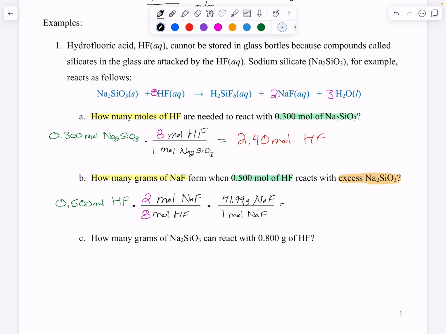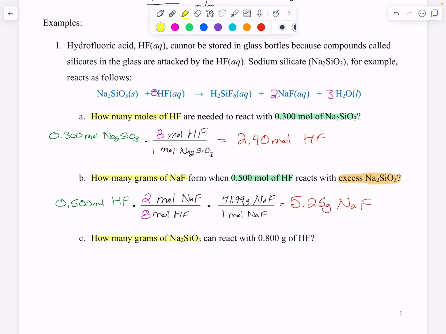If I do this math, I think I get 5.25 grams of sodium fluoride. So that was a mole ratio, then molar mass, and mole-to-mole ratio. Last one.